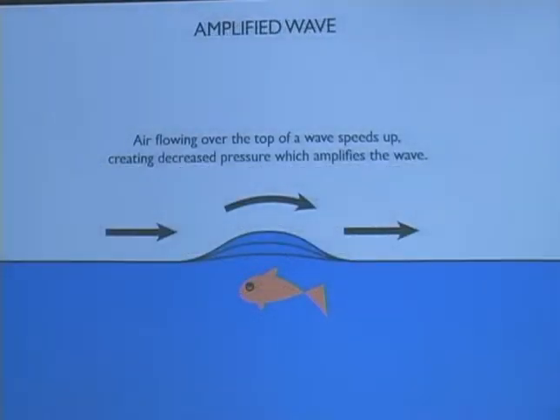Now, imagine you had wind blowing over this little ripple that this little fish caused in water. As the wind blows over that ripple, it acts kind of like an airfoil. The wind has to speed up as it goes around that curve, and it will lift that ripple up a little bit. It will amplify it. The stronger the wind is above the still water, the higher that wave gets lifted up.